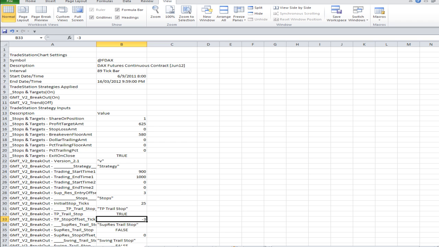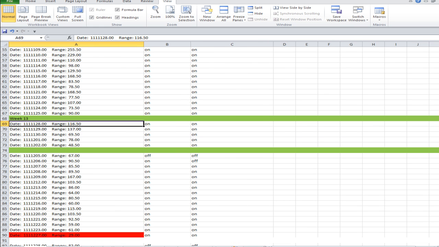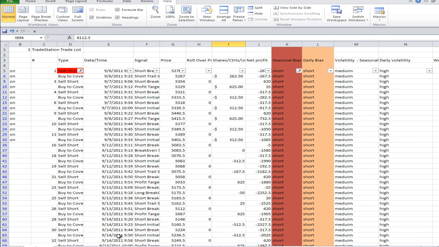Now, what was really interesting was the actual outcome of these results. So let me pull this up here for you. All right, this is my trade list. I had 426 trades, and I thought I'd filter them based on these criteria. I had all my trades listed, and then I set up a column called seasonal bias.